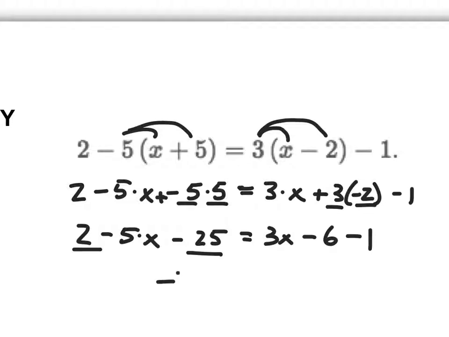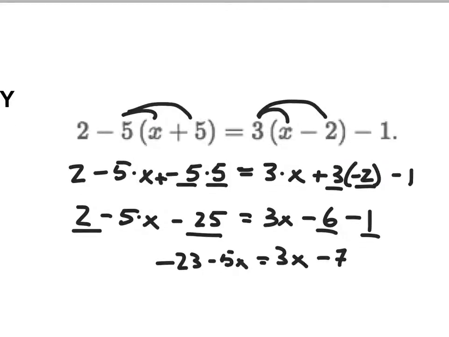So I've got negative 23 minus 5x equals 3x, and then negative 6 minus 1 is negative 7. Now I want to get all my x's on one side and all my numbers on the other, so I'm going to do this.